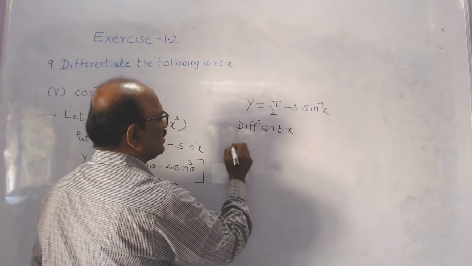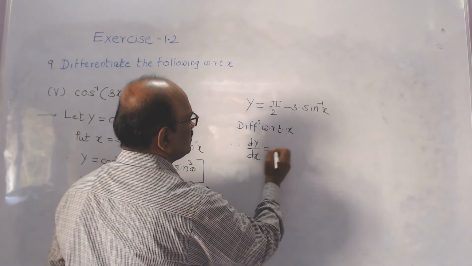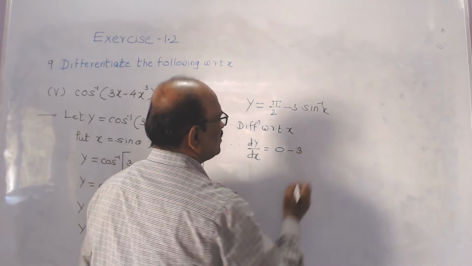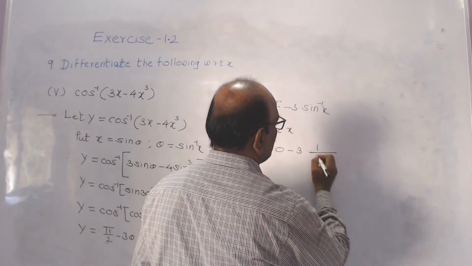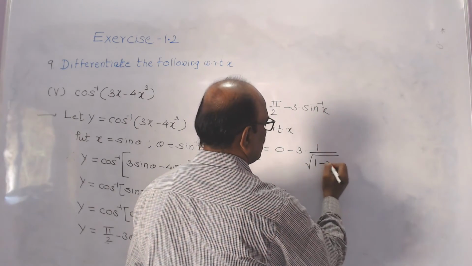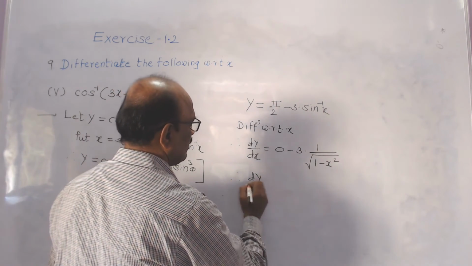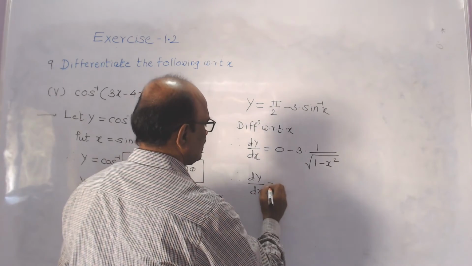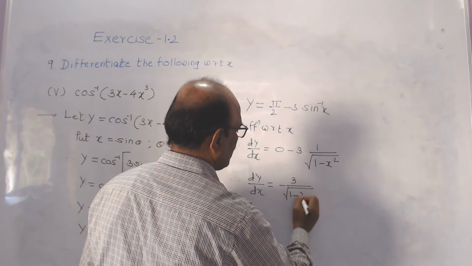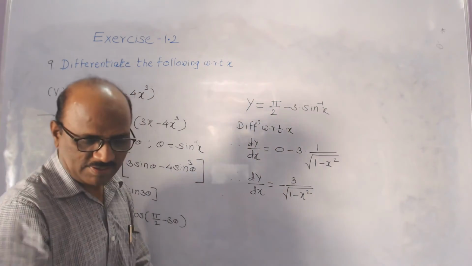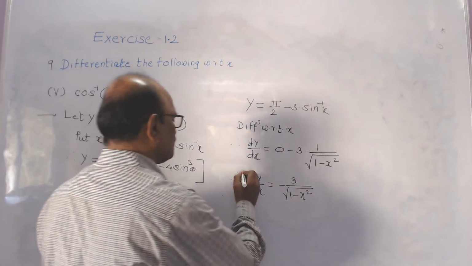Therefore dy by dx is equal to 0 minus 3 times the derivative of sine inverse of x, that is 1 upon root of 1 minus x square, and hence dy by dx is equal to minus 3 upon root of 1 minus x square.